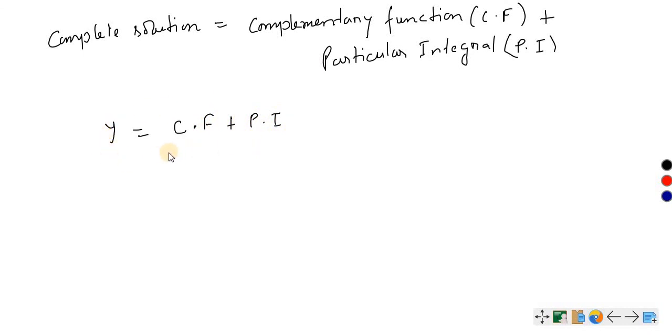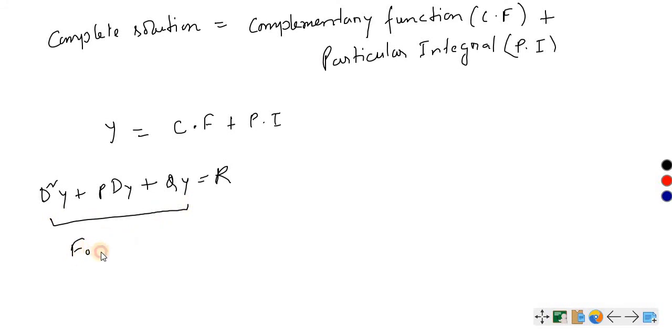Now let us first understand how to find the complementary function. In order to find the complementary function, we have to take the RHS of the second order differential equation equal to 0. What was the second order differential equation? This was the second order differential equation. Here this is the RHS part, and I am going to take this RHS part equal to 0.